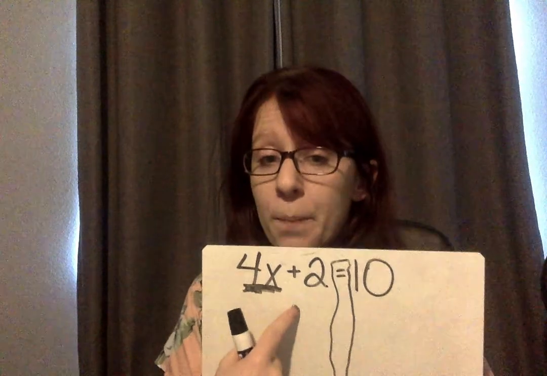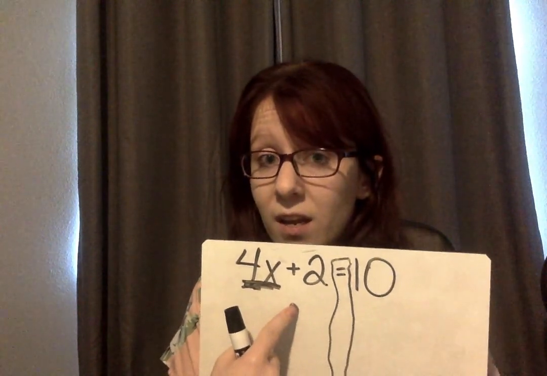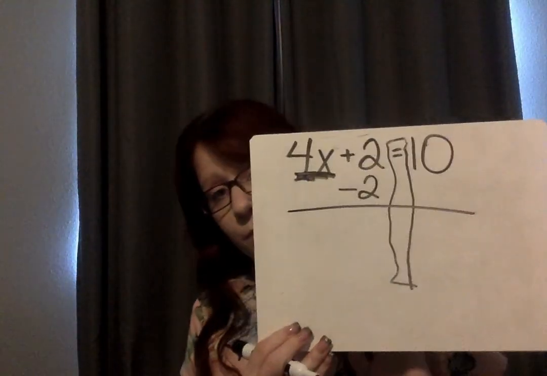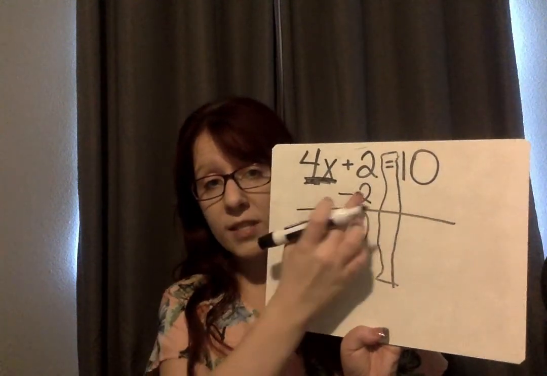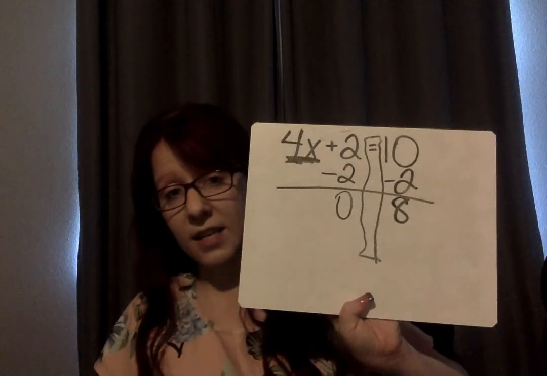What is the opposite operation of addition? Subtraction. Excellent. And so we're going to subtract 2. What is 2 minus 2? 0. Excellent. Now, whatever I do to one side, I have to do to the other. And so we're going to subtract 2 from 10, and that's going to leave us with 8.